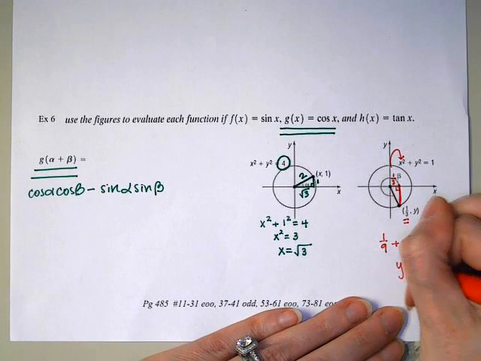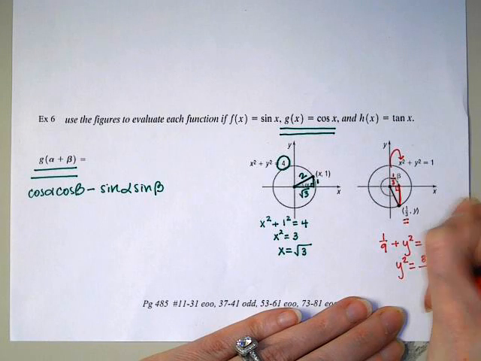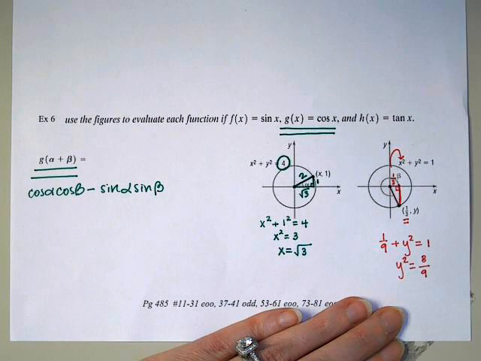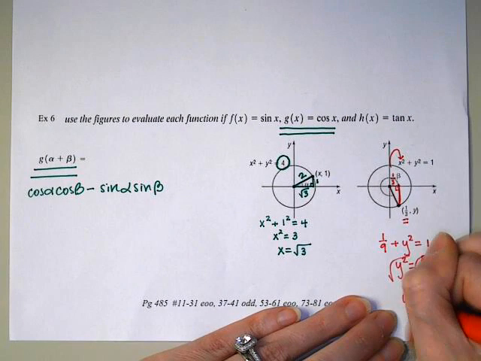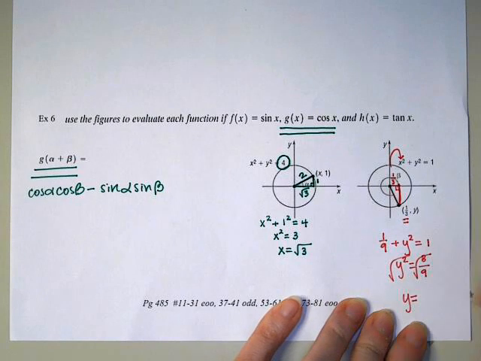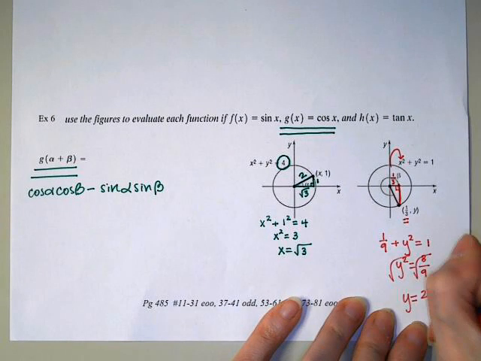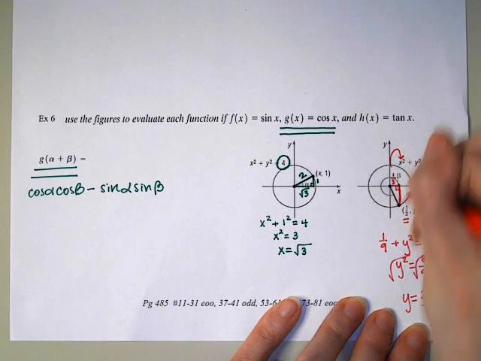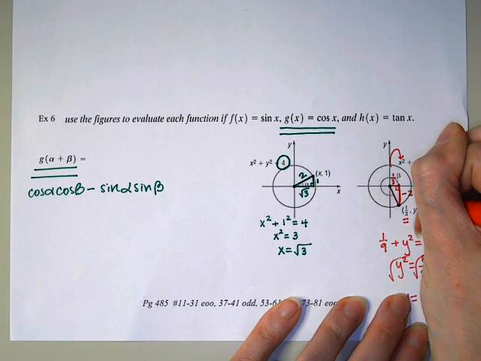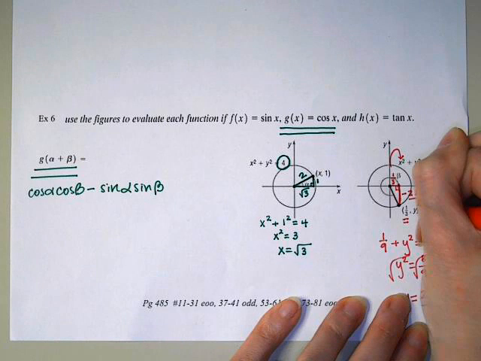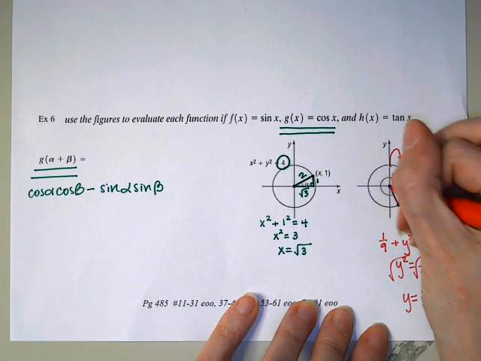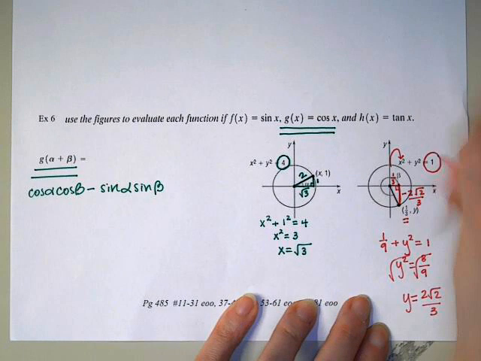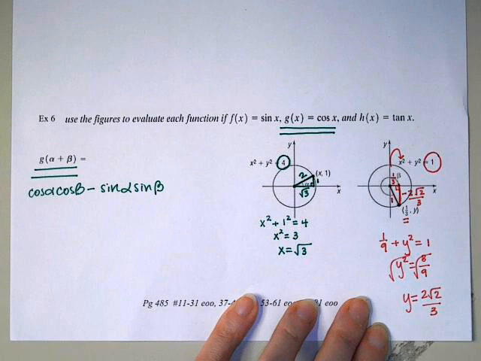And then if you subtract the 1/9 over, we get y squared equals 8/9. And then if you square root it, the square root of 8 is 2 root 2, and the square root of 9 is 3. But since it's going down, it's negative. So negative 2 root 2 over 3. And then the radius is just the square root of 1, which we know is 1.